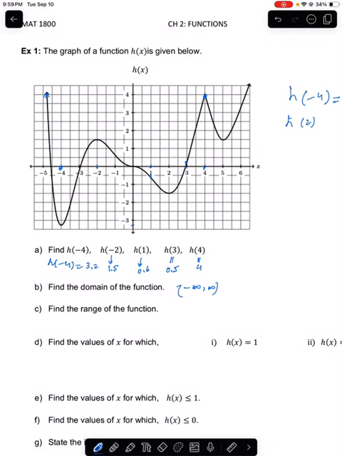So the range will be negative 3.25 comma infinity.